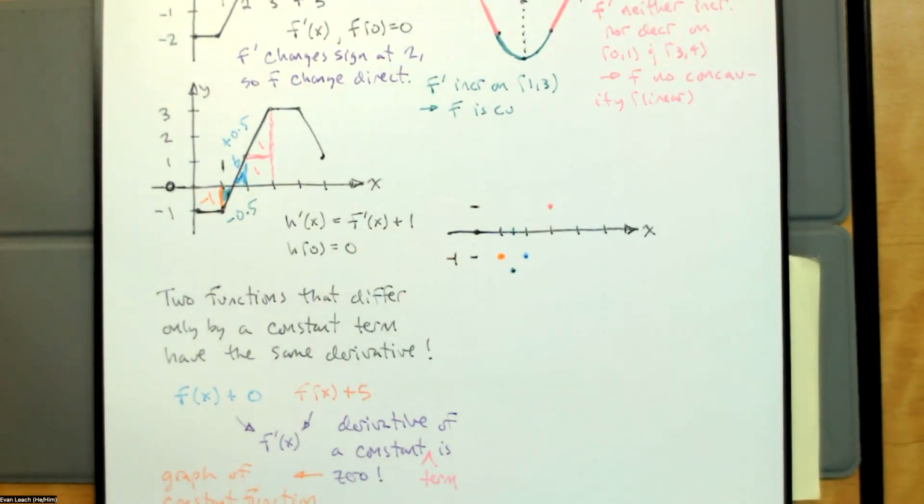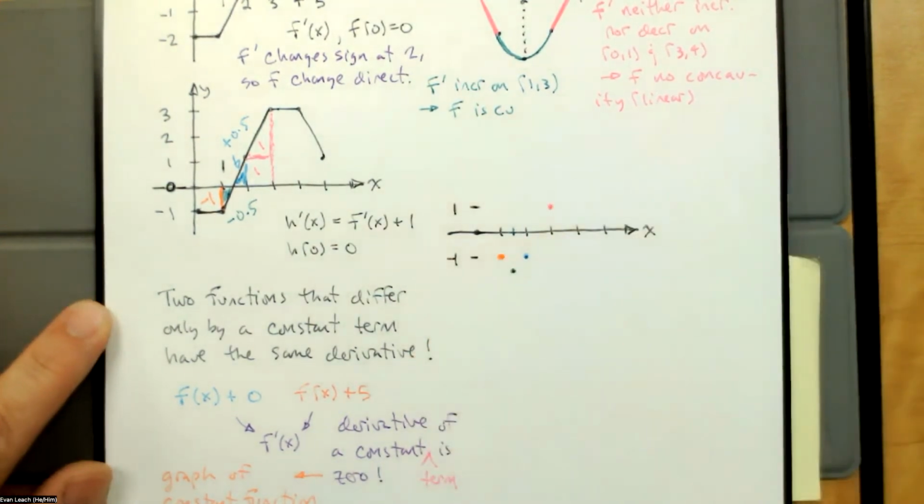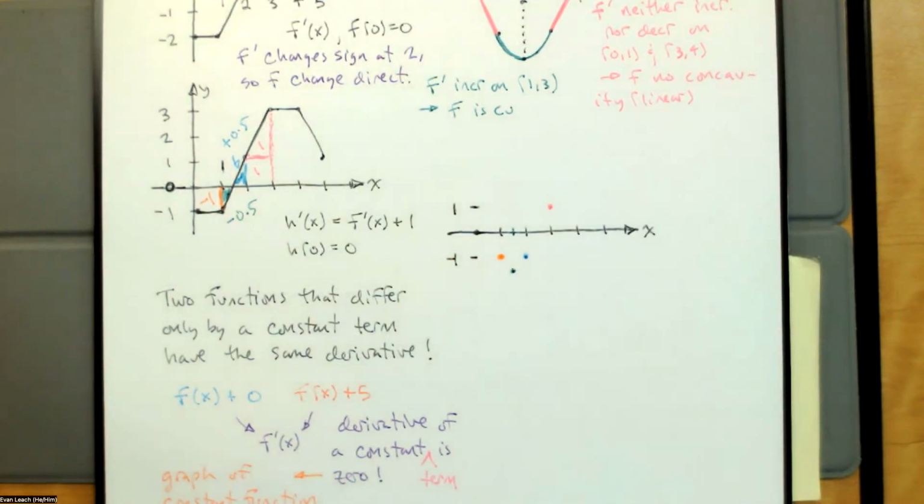Then from 3 to 4, just like in f with f prime, h prime is not changing direction from 3 to 4. So we'll see a linear section on h, but the increase is going to be 3 because the area there is 3.